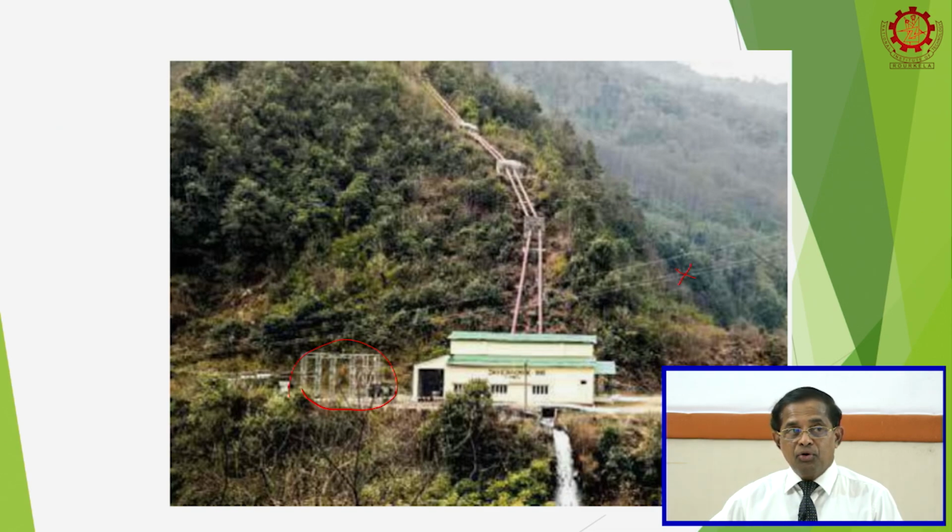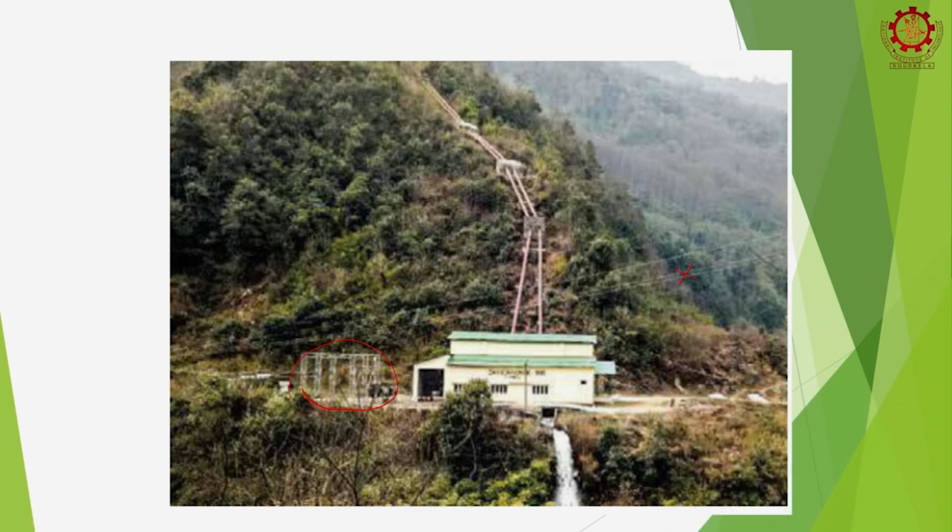So, in this course we are developing the necessary skills for a hydropower engineer. Therefore, we will not try to become a civil engineer, an electrical engineer, or a mechanical engineer, but we will try to have a combination of knowledge of how a hydropower plant should be planned and implemented.